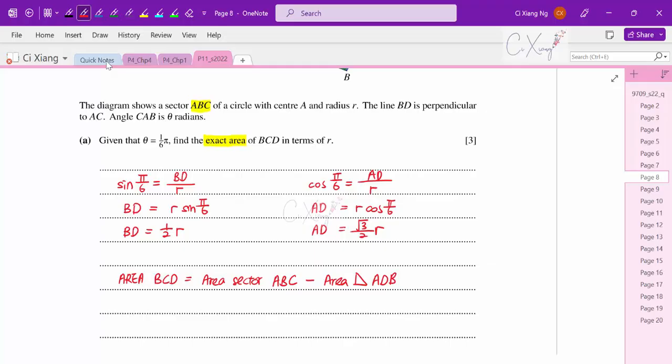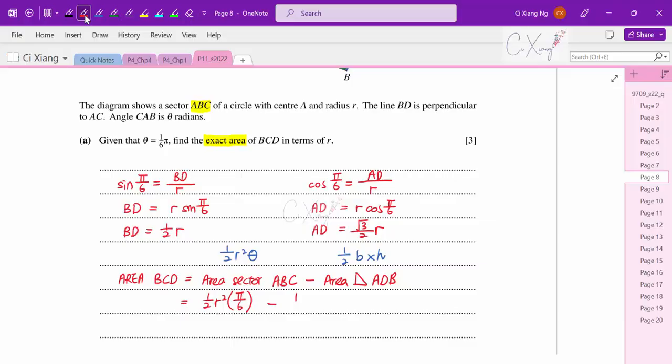This is a right angle triangle. The general formula for the area of sector ABC is half R squared theta. For our case, the formula is half R squared, then theta is pi over 6. Then minus the area of triangle ABD, which is half base times height.